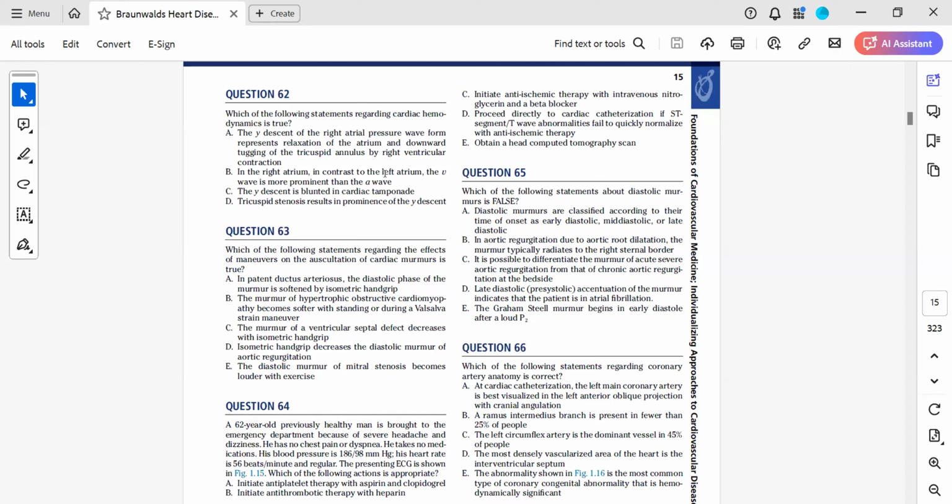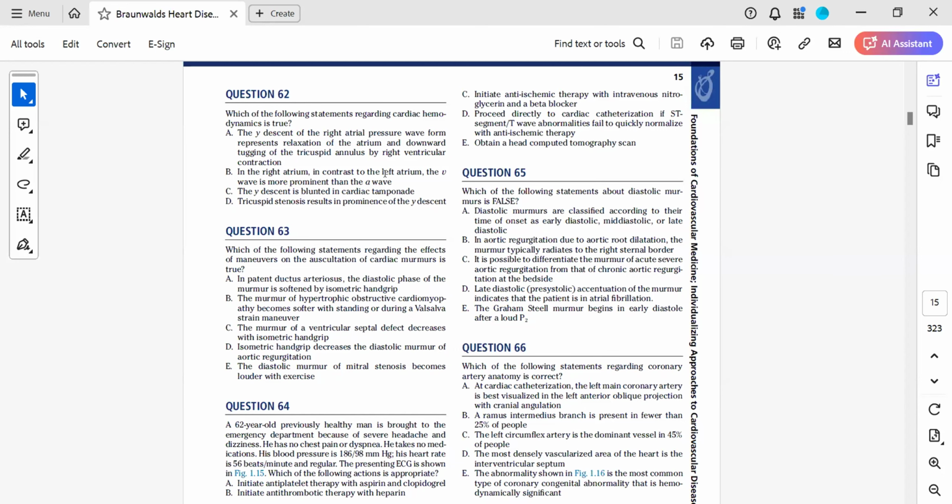Hand grip increases venous return, so saying the diastolic phase of the murmur is softened by isometric hand grip, I think that is false. I think it should be increased by isometric hand grip.